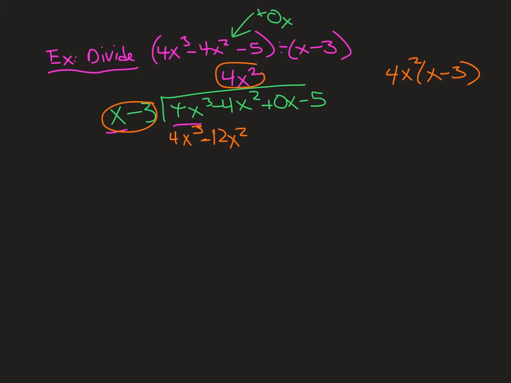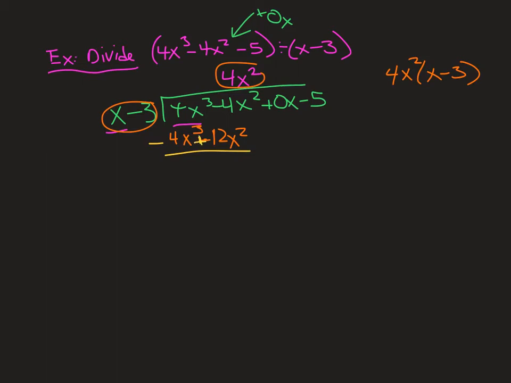Next, we are going to change to subtraction. This is the same step as you did in the previous elementary school long division. So I'm going to do minus, this entire thing becomes negative. Because the entire thing becomes negative, the 4x cubed is negative, and then the 12x squared becomes positive.